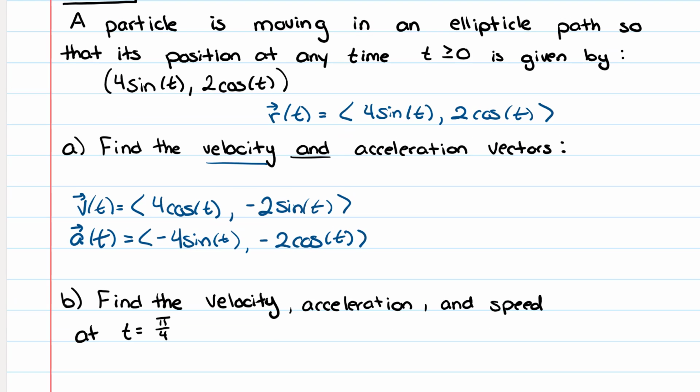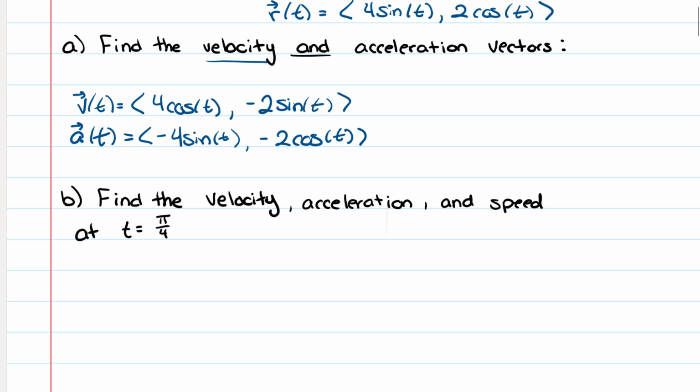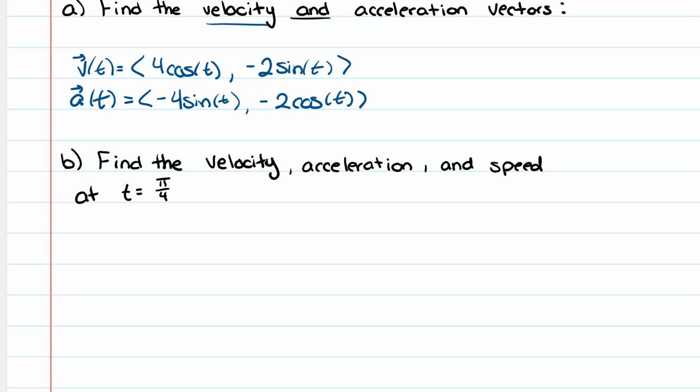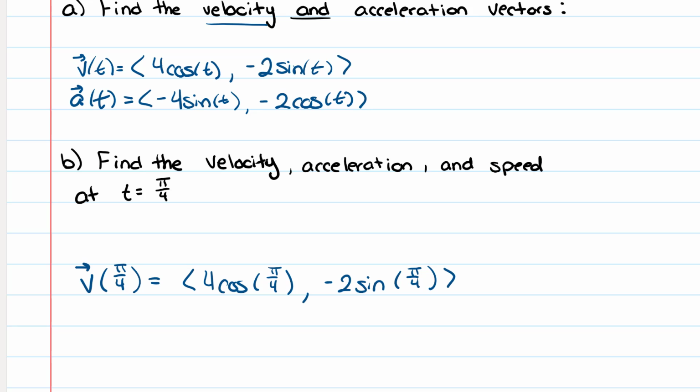For the next part, I'm going to want to find the velocity, acceleration, and the speed at t equals pi over 4. So in order to find the velocity at pi over 4, all you have to do is plug it into the vector. So it becomes 4 cosine pi over 4, negative 2 sine pi over 4.